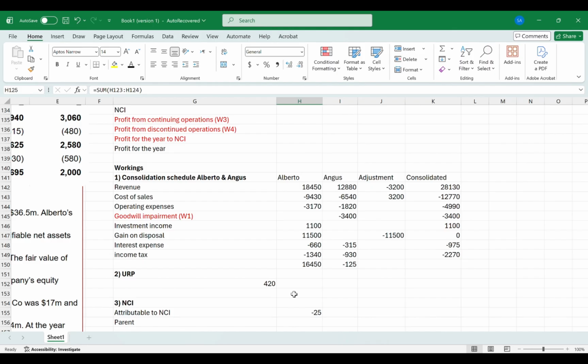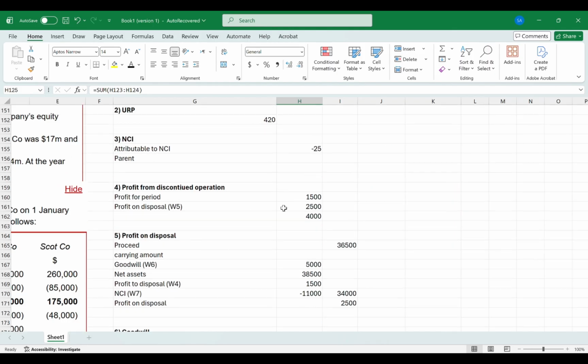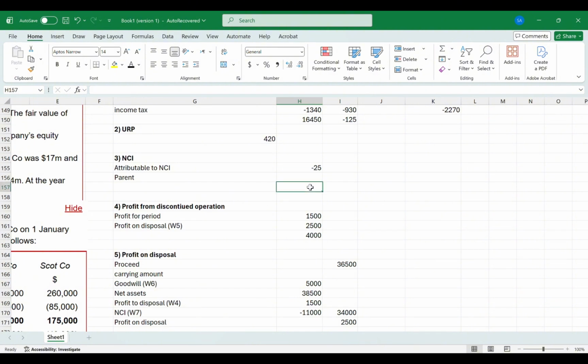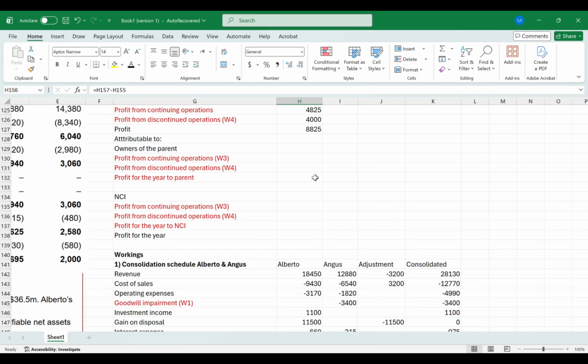So now when I go to my working number 3, what is my profit from continuing? 4825. So this is the balancing figure. This minus this figure, 4850. So 4850 is for the parent that I will write here.